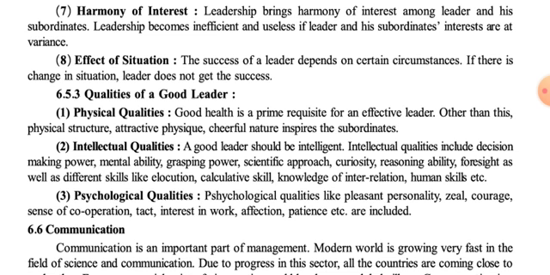Leadership becomes inefficient and useless if the leader's and subordinates' interests are at variance. When the interests vary between the subordinates and the leader, the organization always has to suffer. If the goal or interest of the leader is different from the members', there will be no proper coordination and cooperation among them, and their objective will not be fulfilled within the stipulated time period.